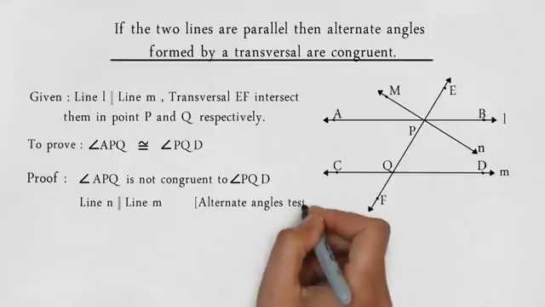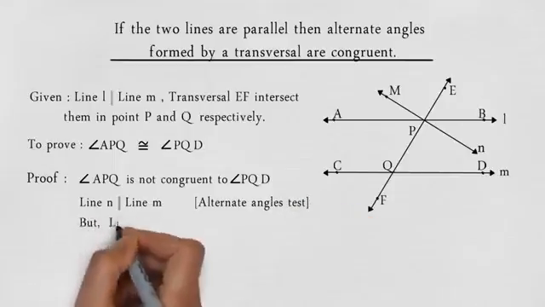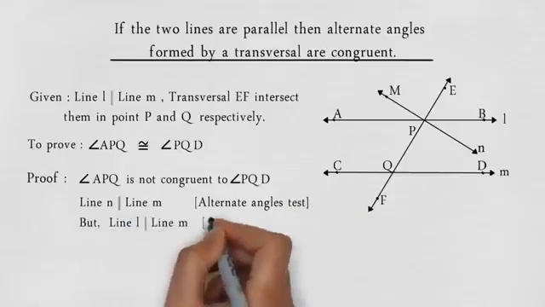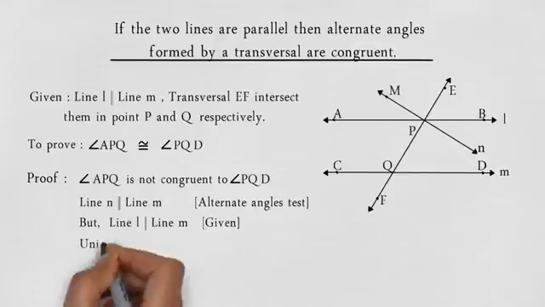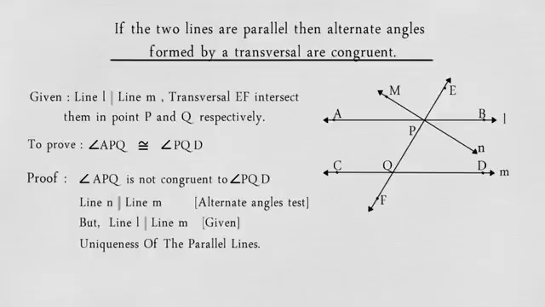Line N is parallel to line M, which is the alternate angles test, but line L is parallel to line M, which is given, which means that there are two lines parallel to line M passing through the same point P, which is outside the line M. This is contradictory to the uniqueness of the parallel lines. Therefore, our assumption is wrong, and hence angle APQ is congruent to angle PQD.